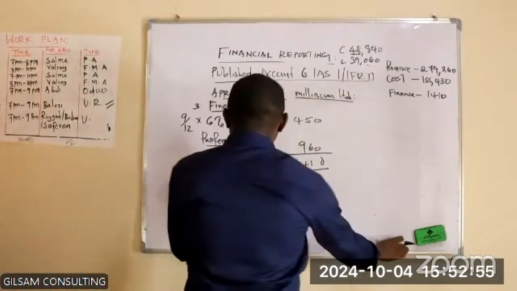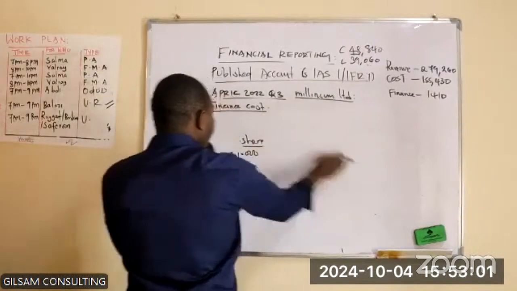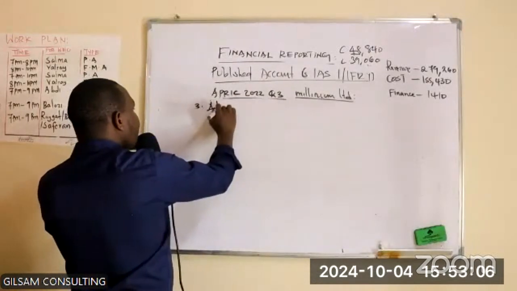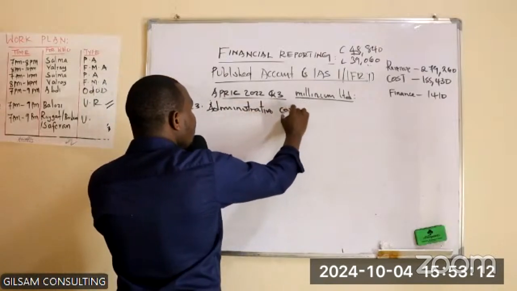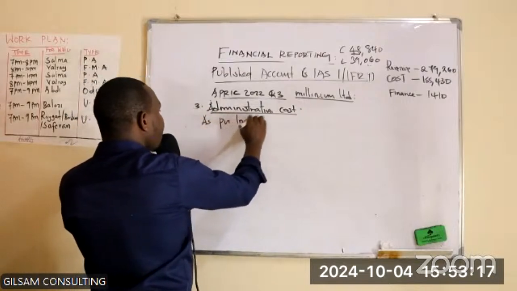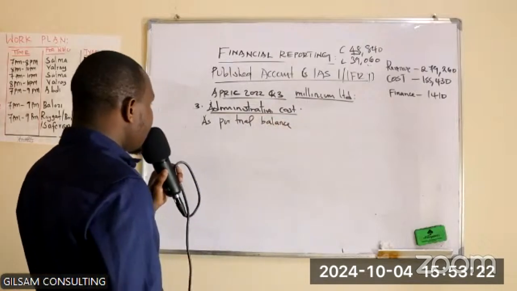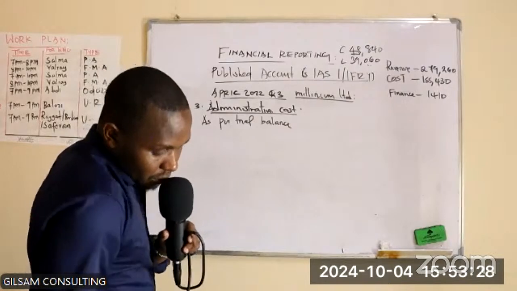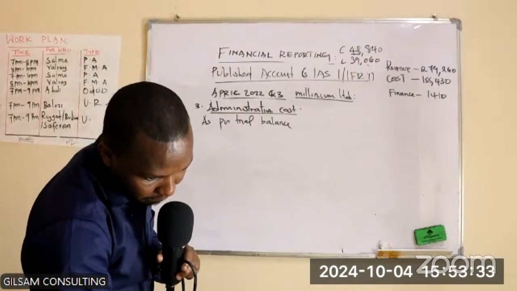So let's go to the note on administrative cost. As per the trial balance, how much is the administrative cost?